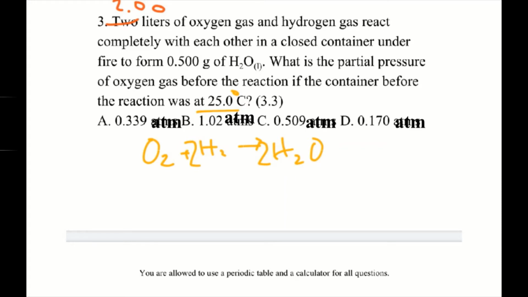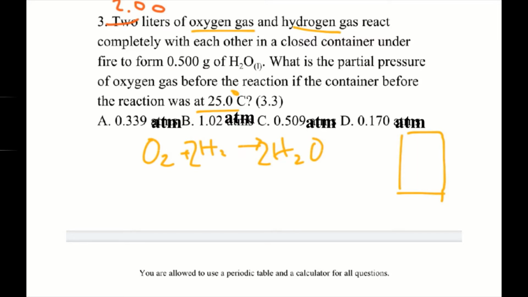So, in order to find the amount of gas before the reaction, we have to kind of think backwards. This H2O used to be these two things, and it says that the oxygen and hydrogen reacted completely to form that. So as a result, we can go backwards and see how much of each we needed to form this. It says we formed 0.500 grams of water.